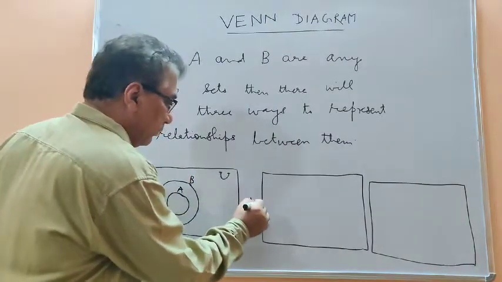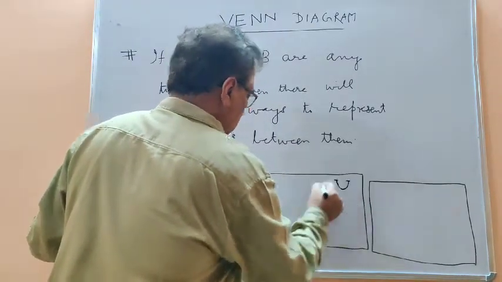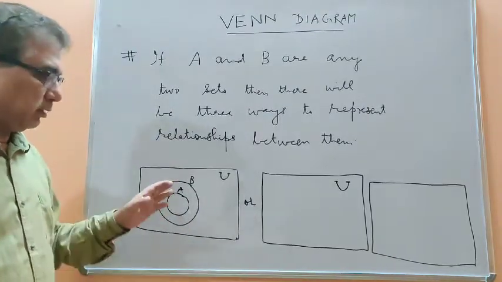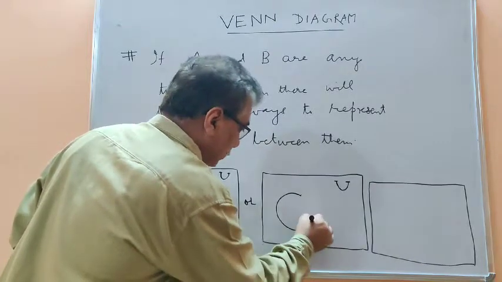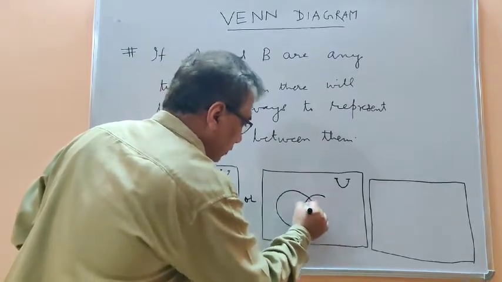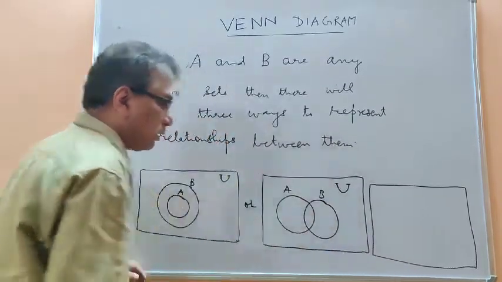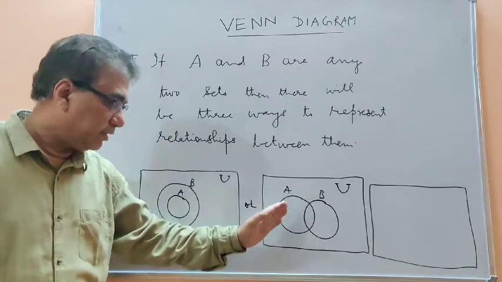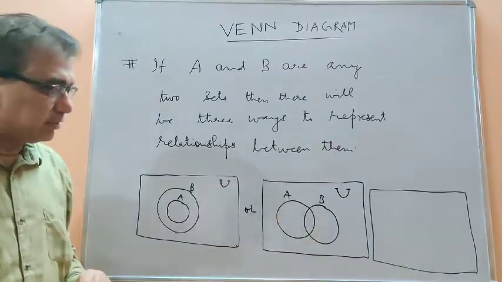Or next may be that something is common between A and B. So that may be written in this way. Suppose something is common, this is A, this is B. The common elements will be written here, and the uncommon elements here and here. This is for B and this is for A. So this can be another relationship.